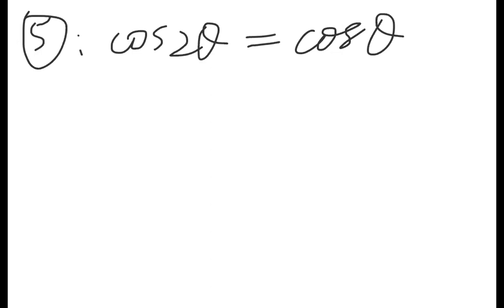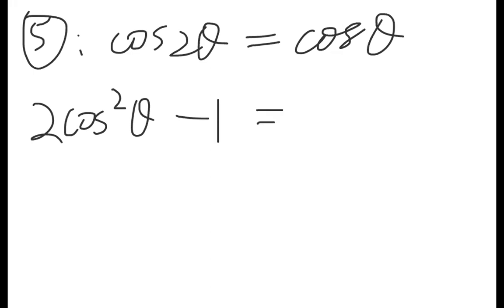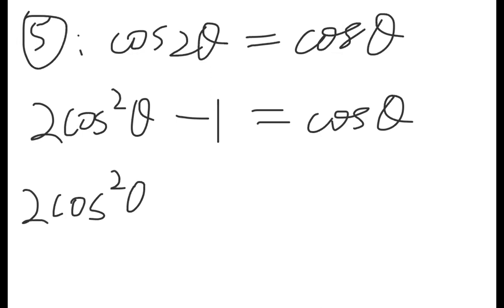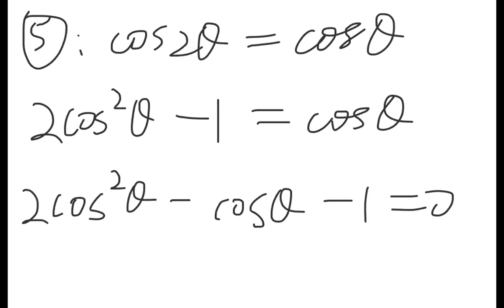Right? So cosine of 2 theta, using the double angle formula, is 2 cosine squared theta minus 1. And then move everything to the left, you have 2 cosine squared theta minus cosine theta minus 1 equal to 0.